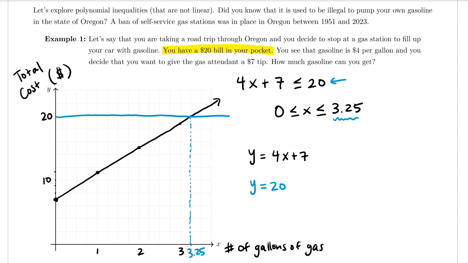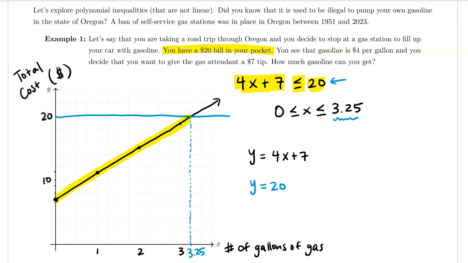Now, if you notice on the graph, let's go back and emphasize this. We are trying to find when 4x plus 7 is less than or equal to 20. In other words, I'm trying to find the x values where my line, my black line here, falls underneath my horizontal blue line because the horizontal blue line represents 20.